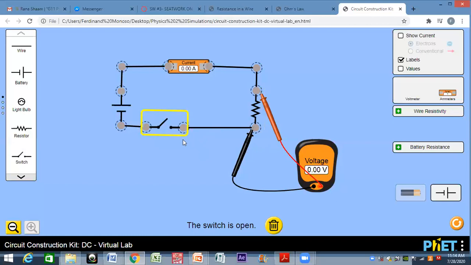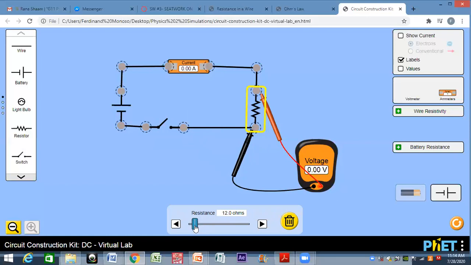Now we turn off our switch and we increase the value of our resistance. What do you think will happen to our current if we increase our resistance? Kyle?